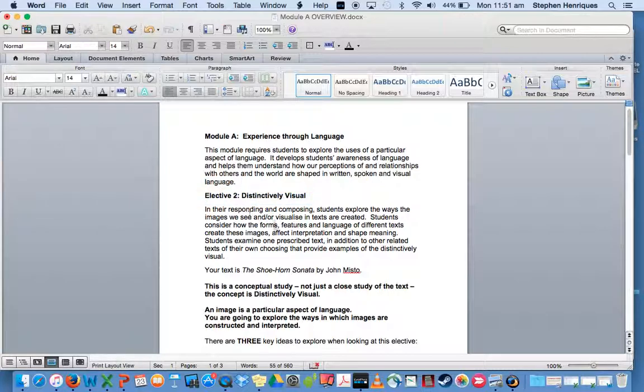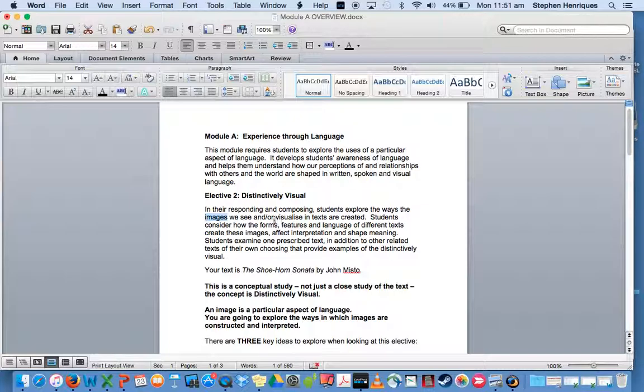In your responses and composing, you explore the ways the images we see and or visualize in text are created. So basically we don't just look at images and see a picture and go, yeah, okay, I understand an aspect of that, I can see how that's important to people.